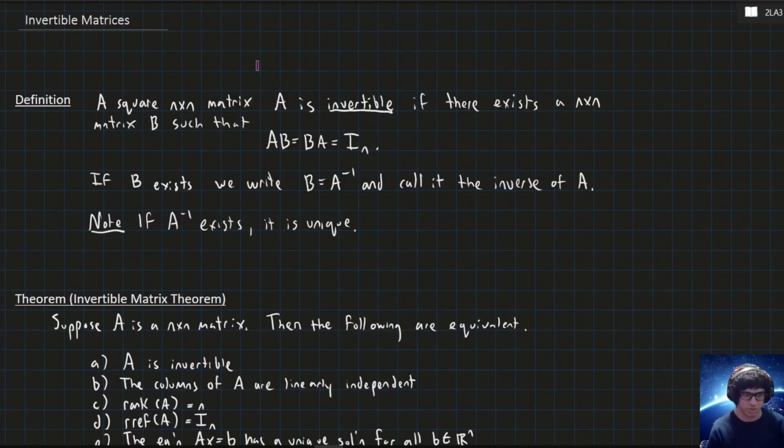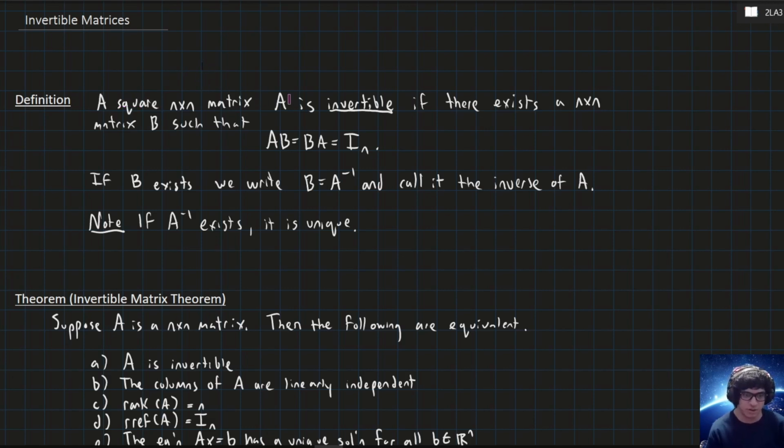Now we'll talk about invertible matrices. Okay. So here's a definition. First of all, we're talking about square matrices. Only square matrices can be invertible.